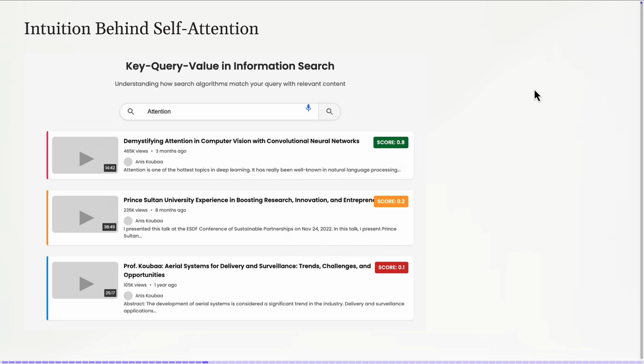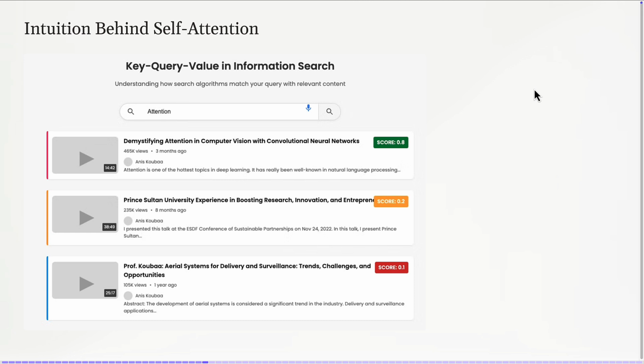Imagine that you want to search for a YouTube video. So you'll write your query or your question, and this is what we call the query, something we need to look for. And you will search into a very large amount of information, which is the database of information that we have.